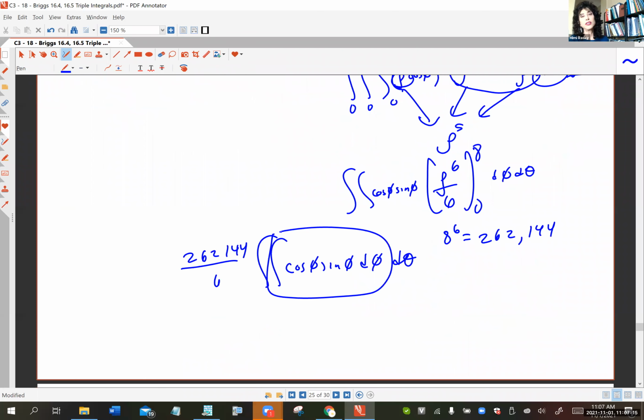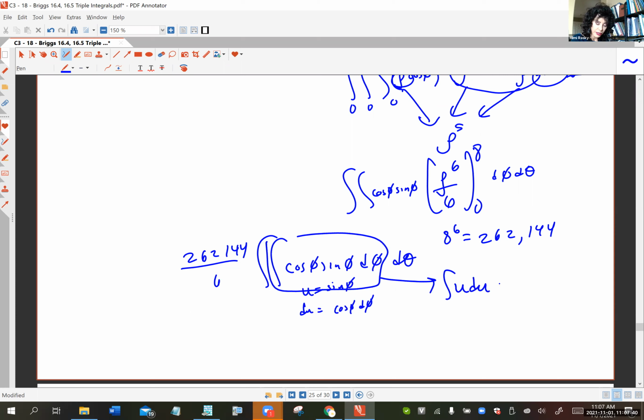There's a couple ways to do it. Let me show you the way that I prefer you do it. You could use a double angle formula backwards. I don't want you to. I'm going to use u substitution with the power rule. If I let u be sine phi, then du is cos phi d phi. So this integral actually looks like the integral of u du.